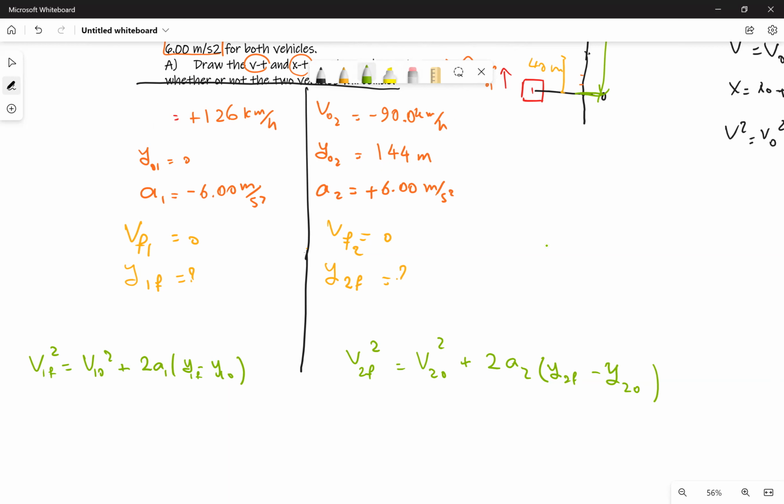I'm going to make this V10, make this V20, make this Y10, and here Y20.